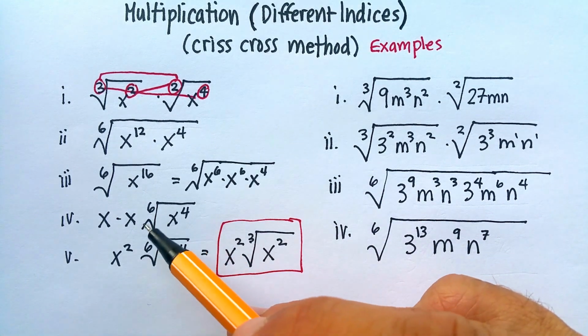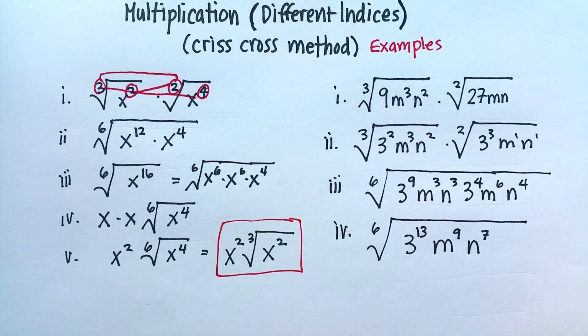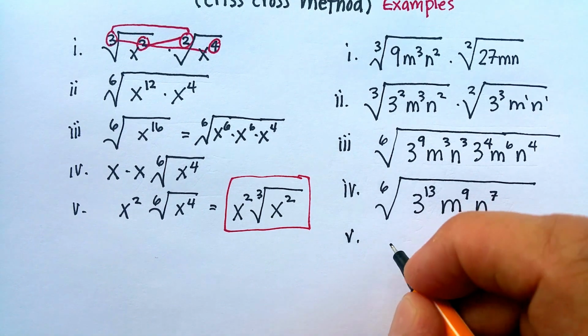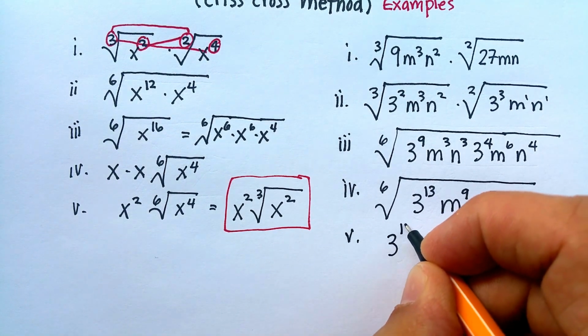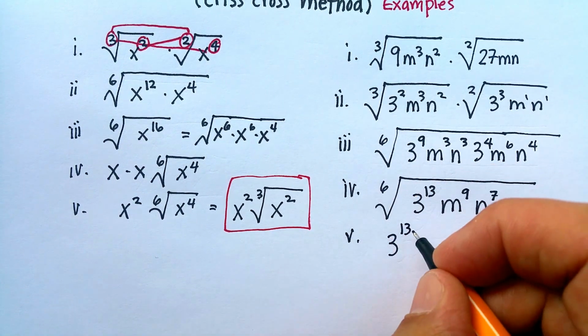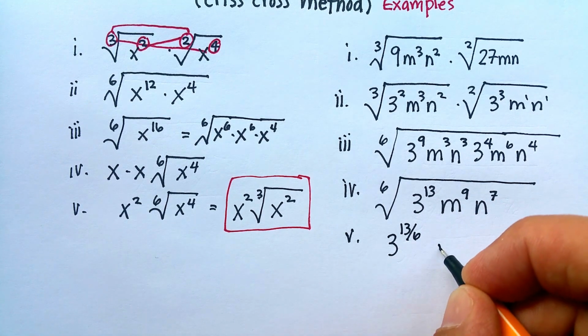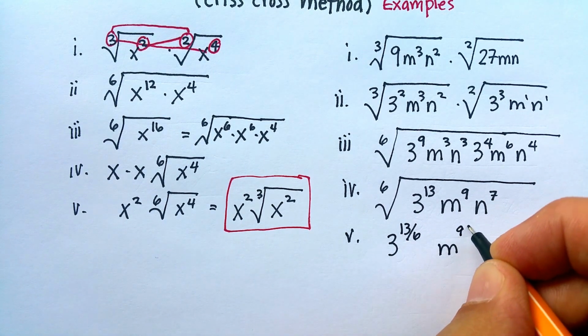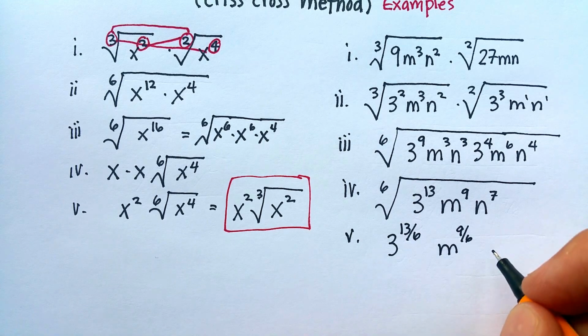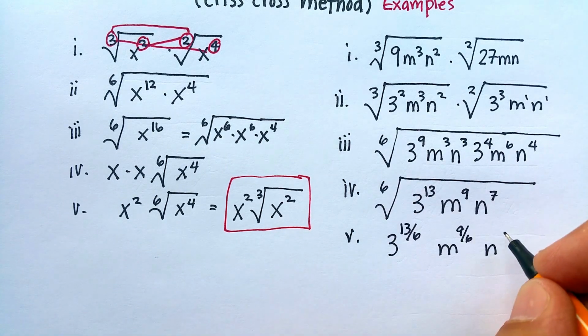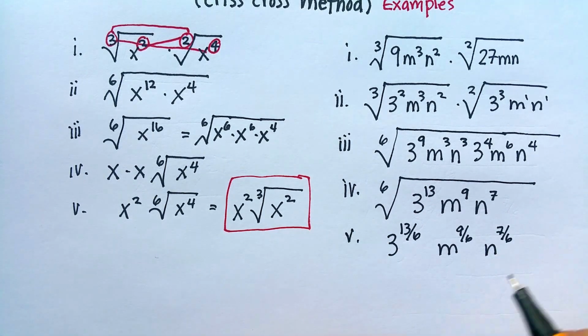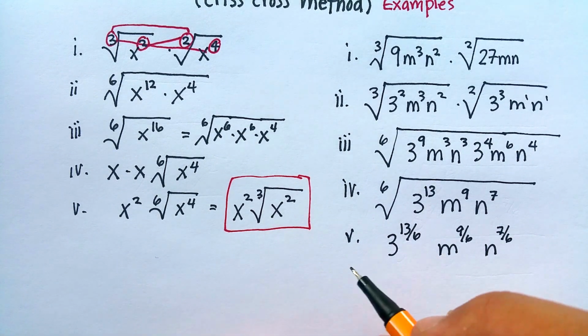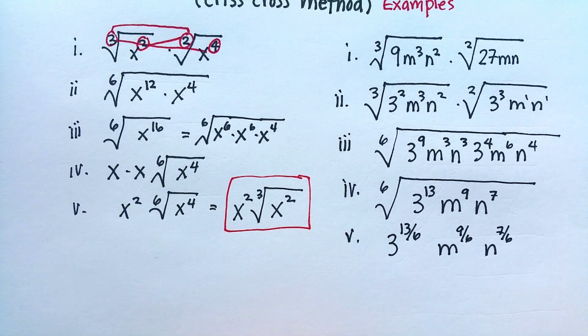Now I'm going to do something slightly different than I did over here, because I think I might have confused you a little bit, but let me just show you. If I change these to fractional exponents, remember it's exponent over index. Whole numbers go outside, the fractions less than 1 go inside.